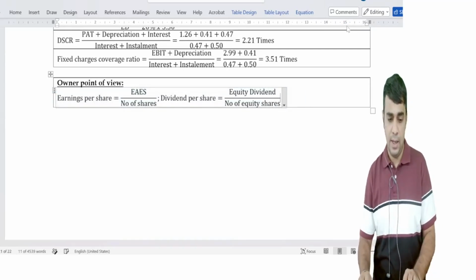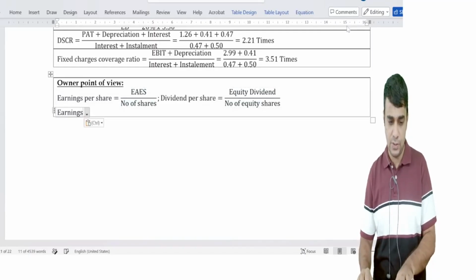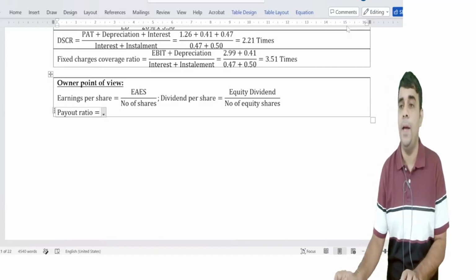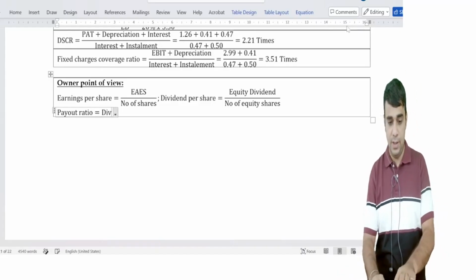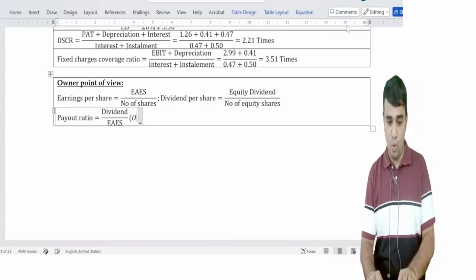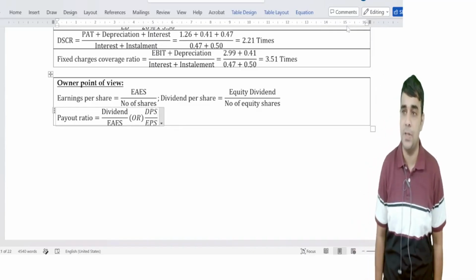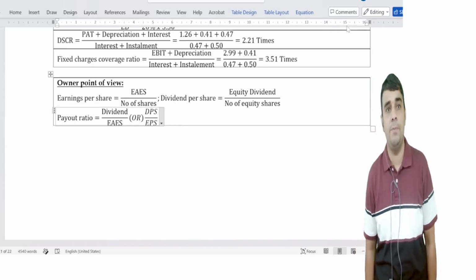These two, and linking these two is payout ratio. Payout ratio is dividend by EAES, or DPS by EPS. At a per share level, it is dividend per share divided by earnings per share.